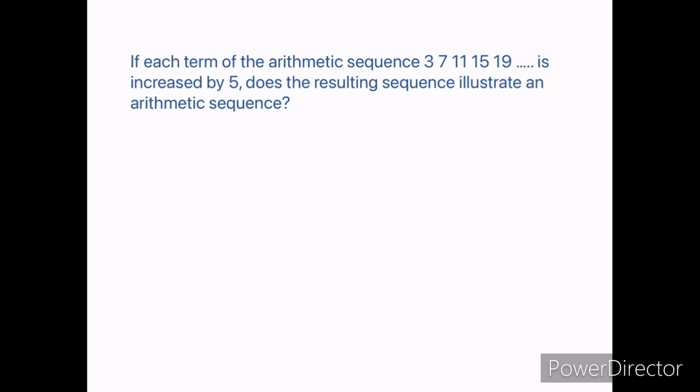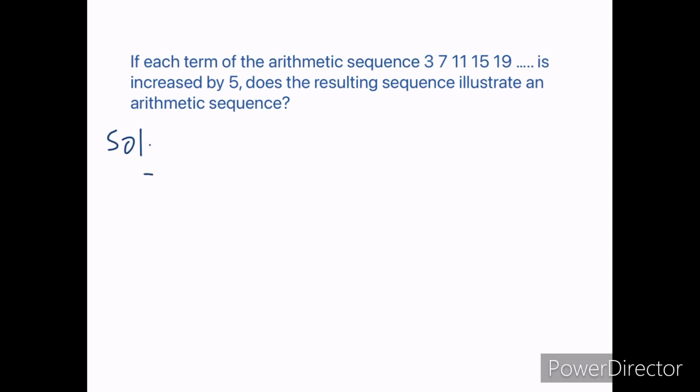Another example: if each term of the arithmetic sequence 3, 7, 11, 15, 19, and so on is increased by 5, does the resulting sequence illustrate an arithmetic sequence? Here's the solution. First, add 5 to each term of the given sequence.